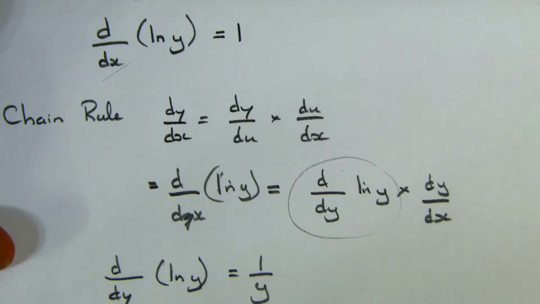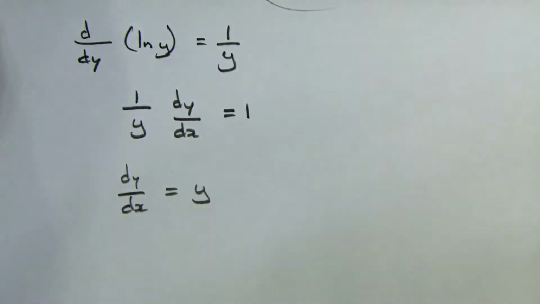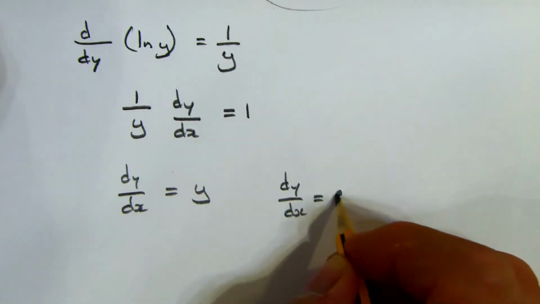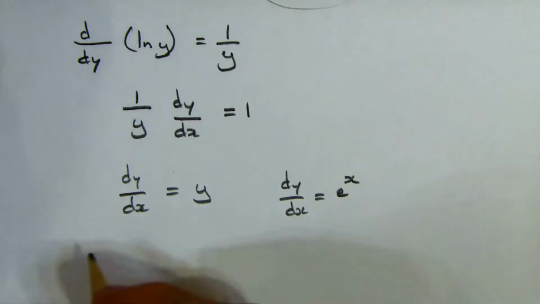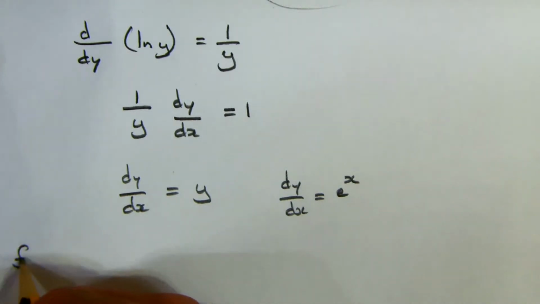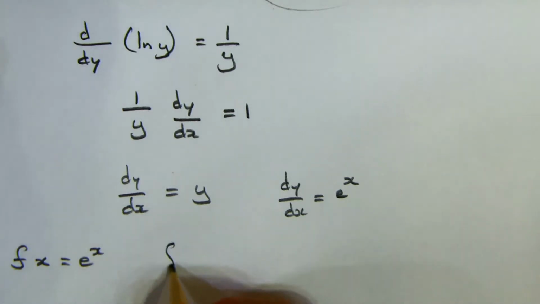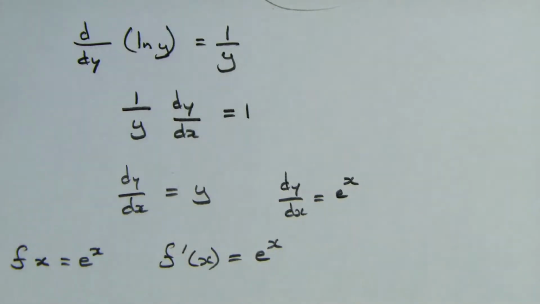But we said right at the beginning that y equals e to the x. So we know that if we've got some sort of function of x where it equals e to the power of x, then the derivative of this is also going to be e to the x.